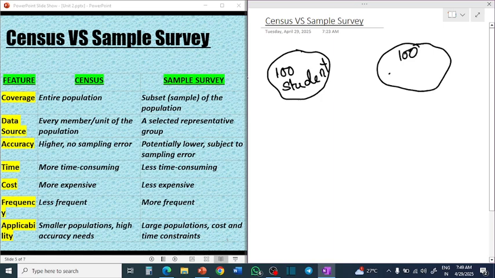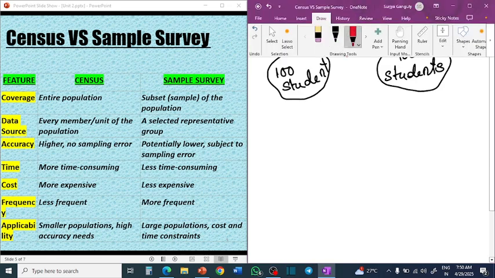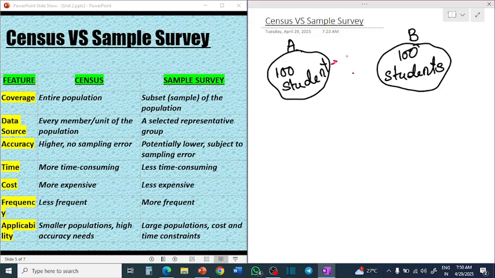In this class also there are 100 students. This is my class A and this is my class B. Now, what are these 100 students called? These 100 students are called population.